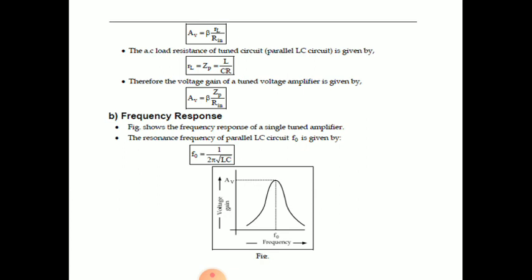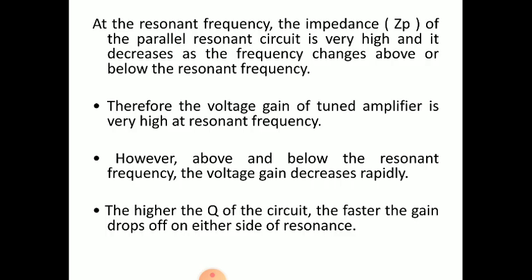The resonant frequency of the parallel LC circuit f0 is given by f0 equal to 1 by 2 pi root LC. This is the formula for the frequency response. We can calculate f0 if we are given the values of L and C. At the resonant frequency, the impedance of the parallel resonant circuit is very high and it decreases as the frequency changes above or below the resonant frequency.